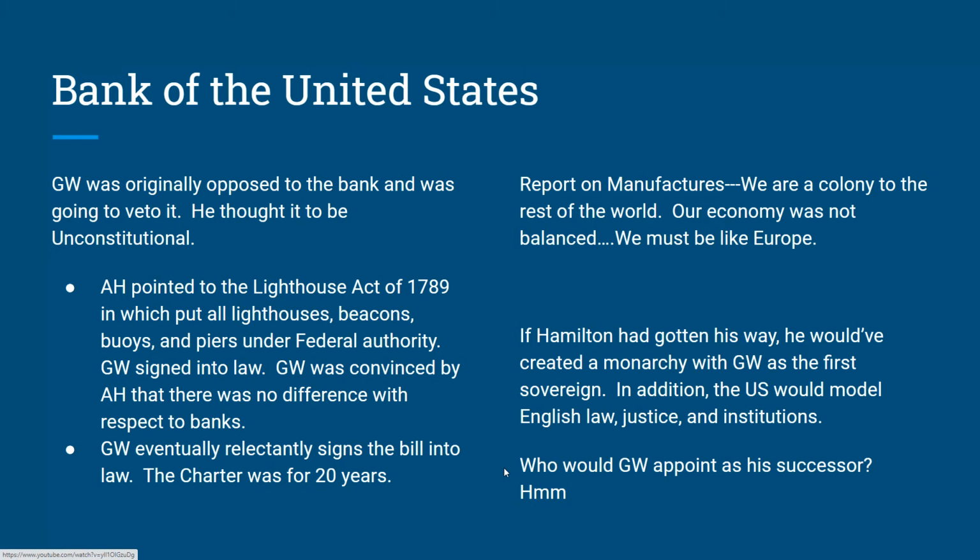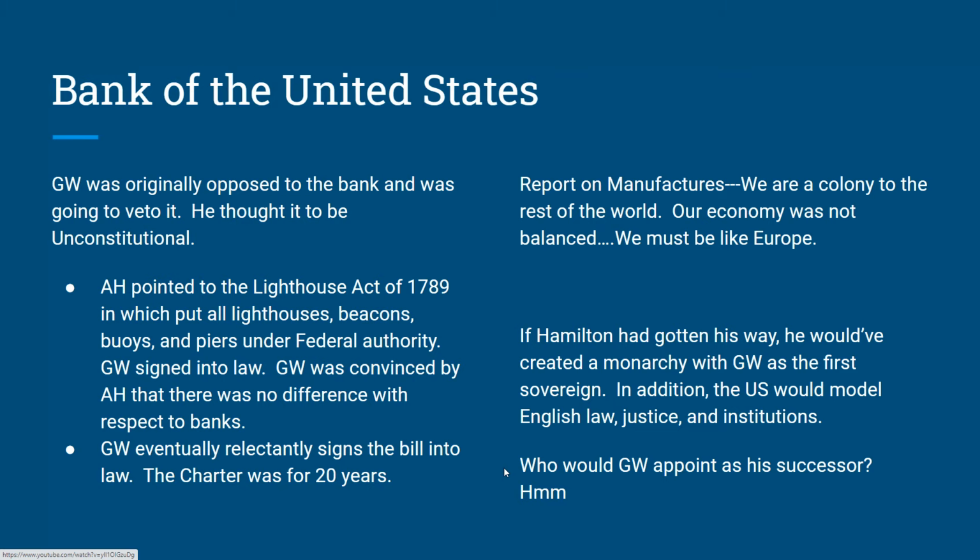Well, where in the Constitution does it give the government the power to build lighthouses? And the answer is no, it's not there. So that's what Hamilton said to him. He says, if we can build lighthouses, then we can build banks. There's really no difference.